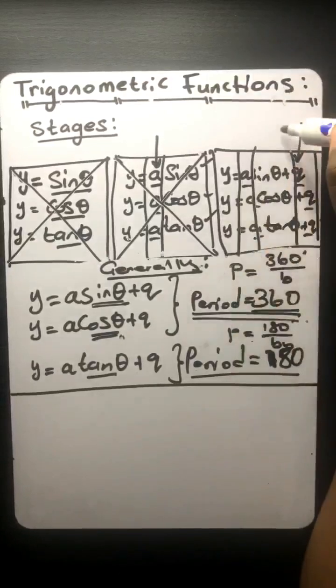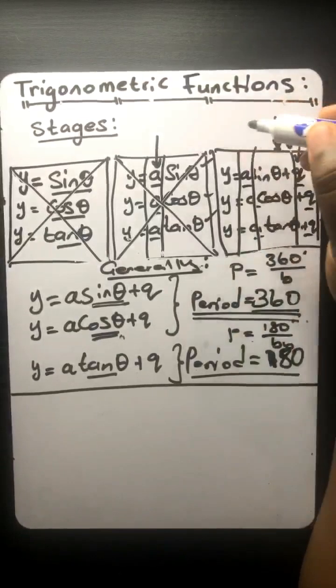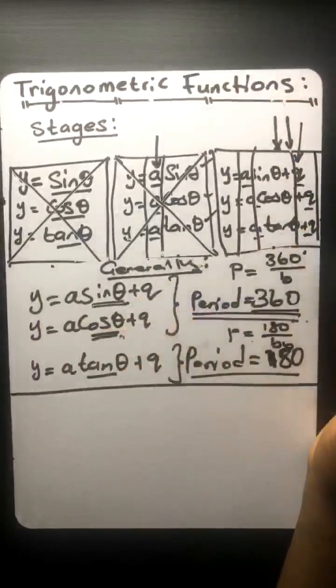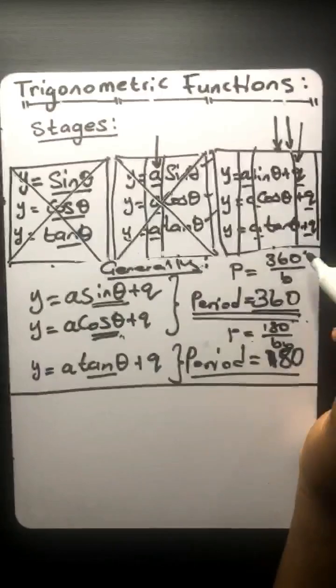So this is where the B is coming from. Remember, we discussed this type of functions from a baby stage to teenage stage to adult stage. I'm not sure what is the stage after adult stage. Maybe let's call it the granny or the grandpa stage.